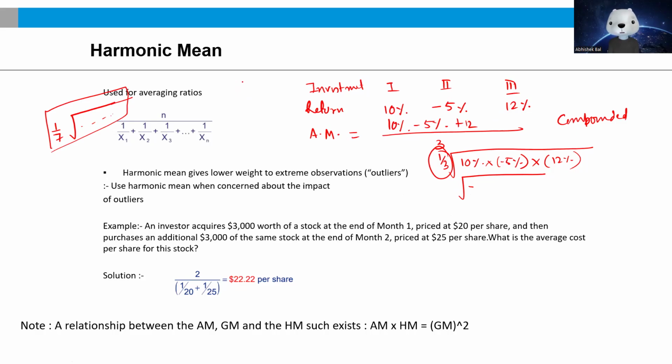So this 10% would become 1 plus 10%, or 1.1. So 1 plus of -5% will become 0.95, and 1 plus 12% will become 1.12. Now, what did we achieve out here? By doing so, we forced these data points, regardless of the actual return, to be positive.